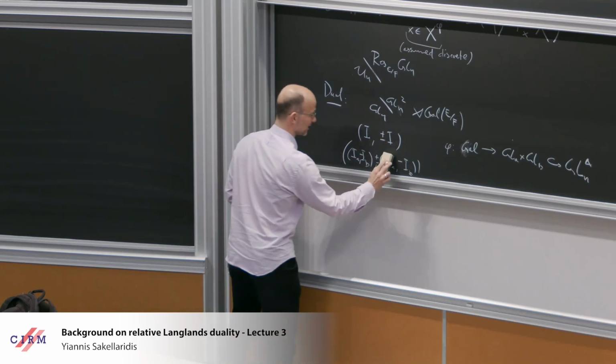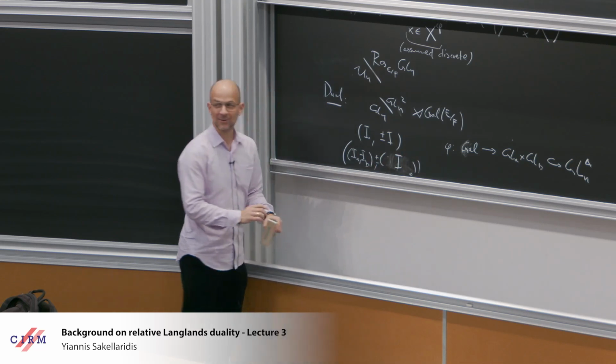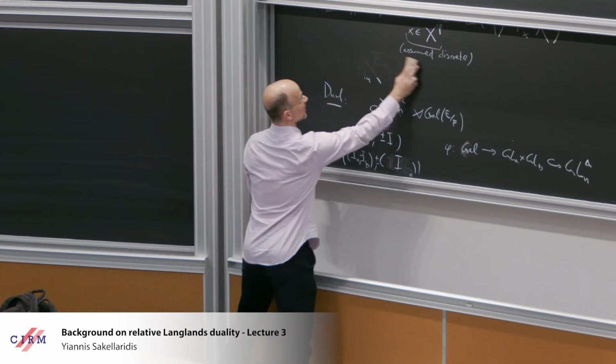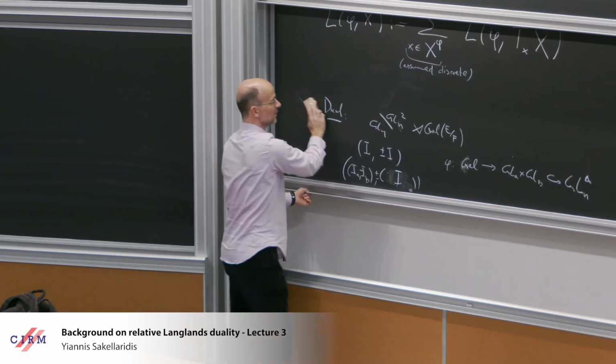So I should have written here plus or minus just the identity. Okay, and then you can do the rest of the calculations. Okay, any questions? All right.